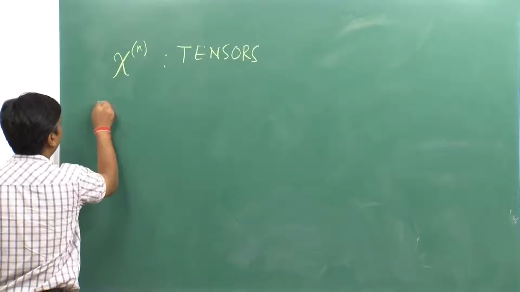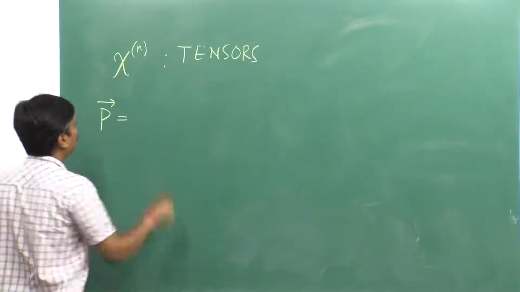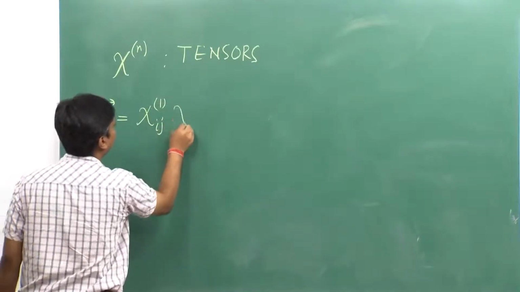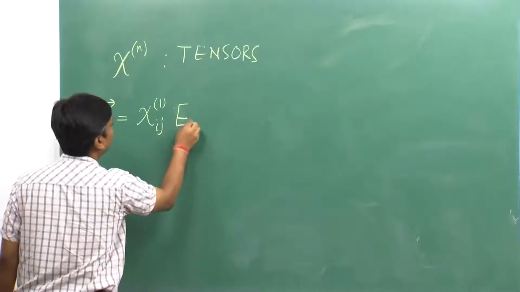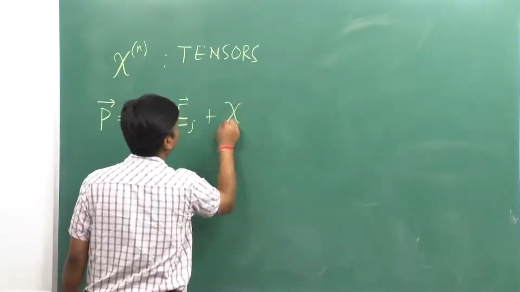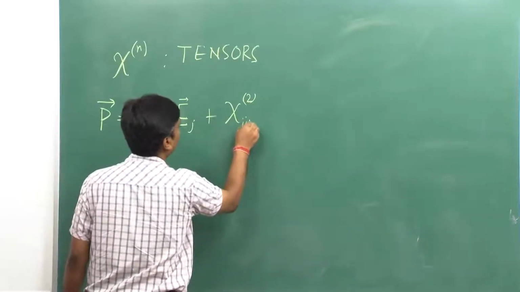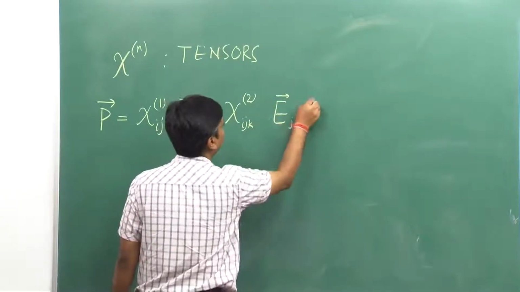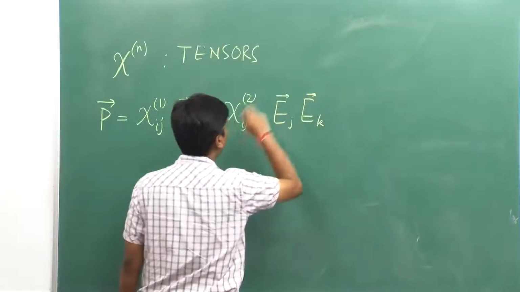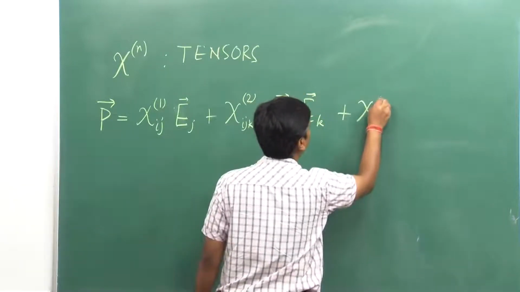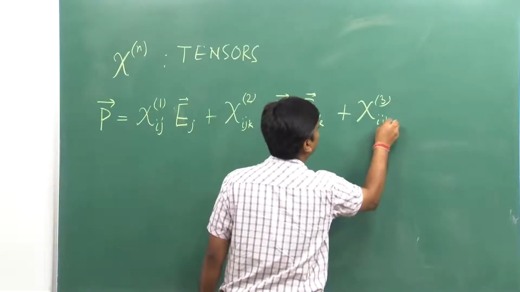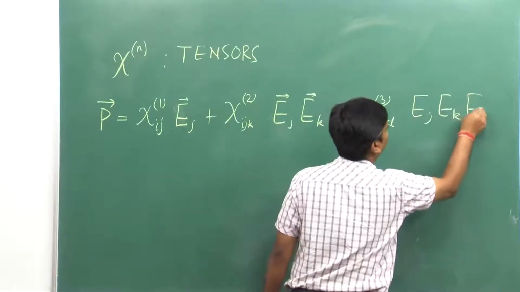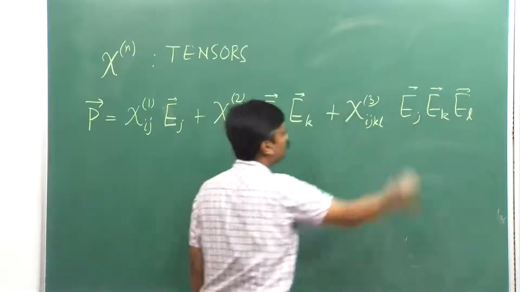Now I have polarization is equal to chi of first order, E, plus chi of second order, with components J, K, plus chi of third order, and so on.